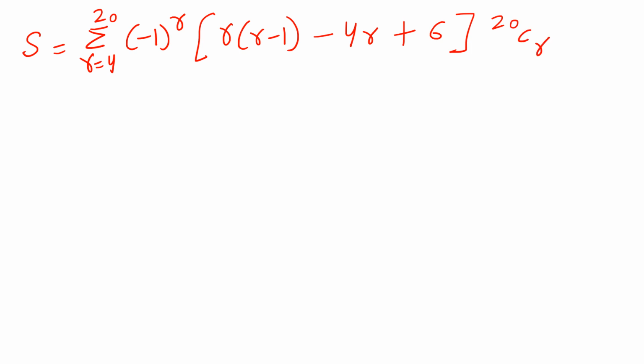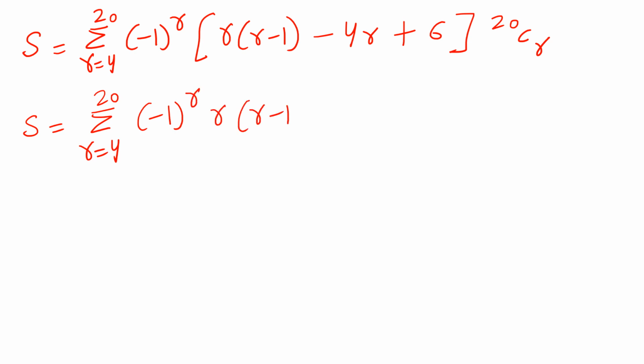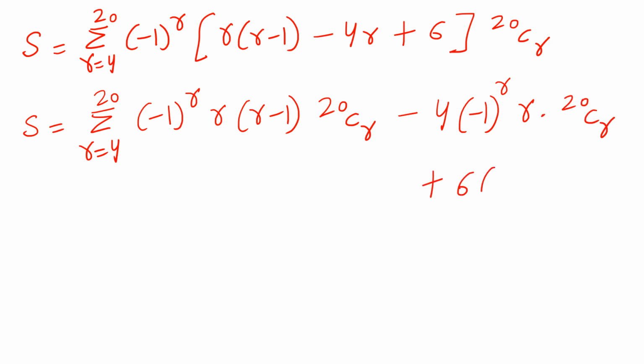Now just multiply (minus 1) to the power r into 20Cr with all terms inside the bracket. So S becomes equal to summation r varying from 4 to 20, (minus 1) to the power r into r into (r minus 1) into 20Cr, minus 4 into (minus 1) to the power r into 20Cr, plus 6 into (minus 1) to the power r into 20Cr.